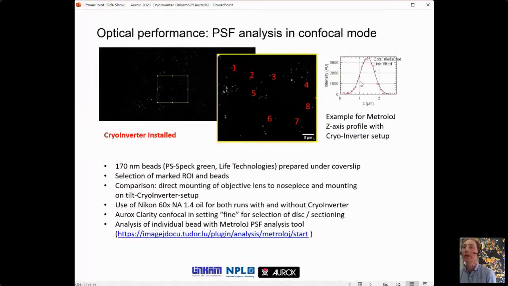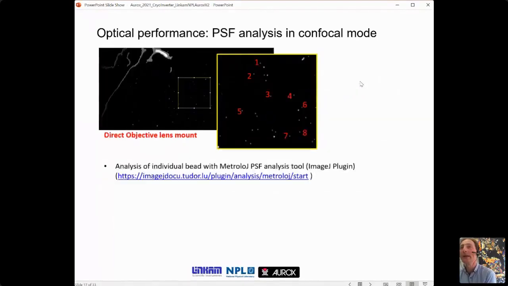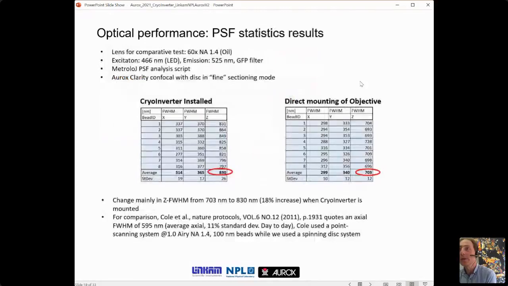To do that, we did statistics on beads. We used a very useful tool called Metrology, where you can automatically analyze a 3D volume which contains the bead, and it will produce all the metrics. We compared those two, and here's the result.